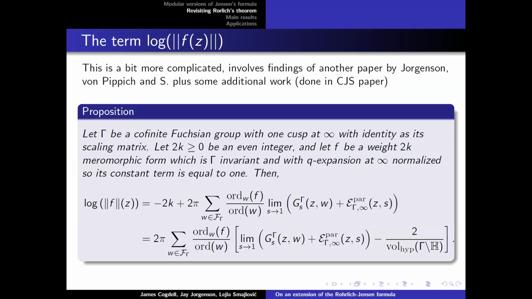The second one follows from the Riemann-Roch type theorem. Okay, so I will not prove this, but the key idea in the proof is the fact that this function, which I will discuss shortly, has a logarithmic singularity as z approaches w, and so does the function on the left-hand side. And the order of the singularity will match accordingly.